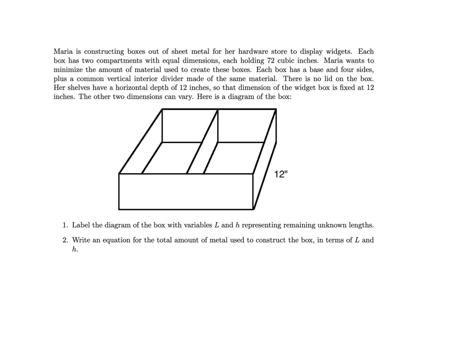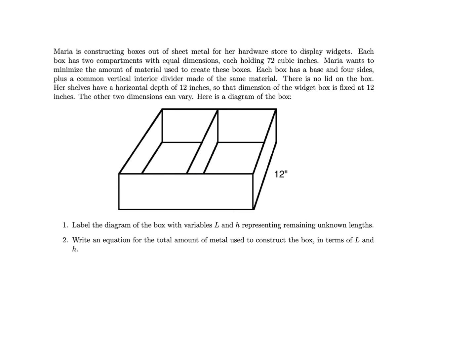And Maria wants to minimize the amount of material used to create these boxes, so this is an optimization problem. Each box has a base, so this piece of wood or piece of metal on the bottom is the base. 4 sides, 1, 2, 3, 4, and a divider down the middle. There's no lid on the box.